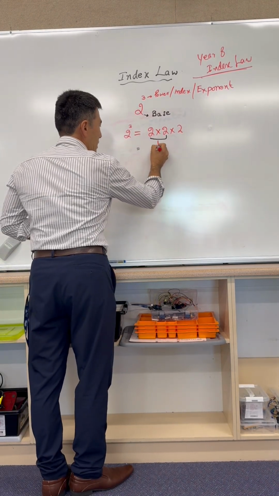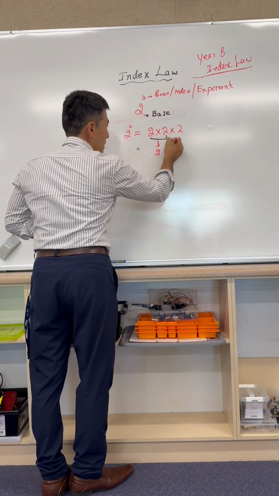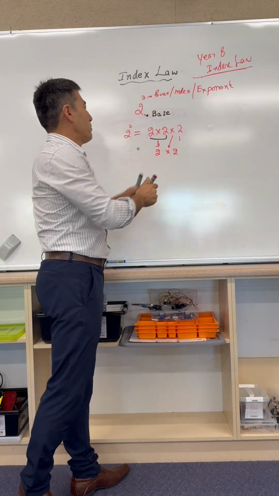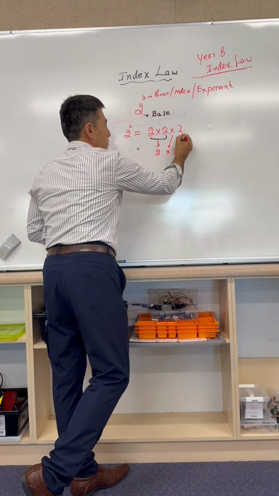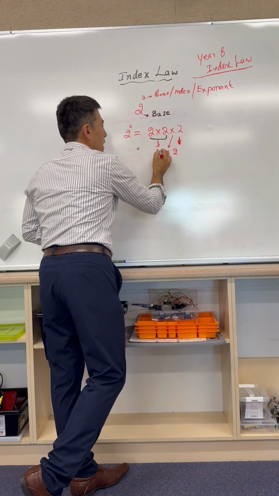We write the answer at the bottom and bring down the other 2 as it is, with the sign between them.